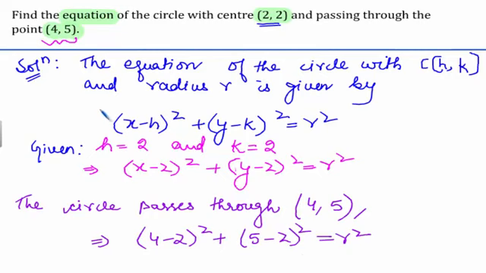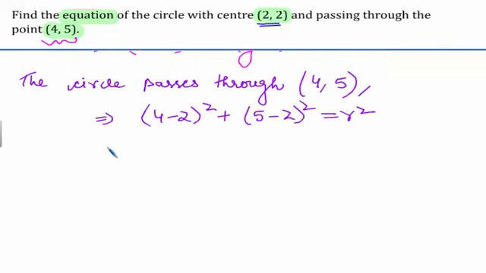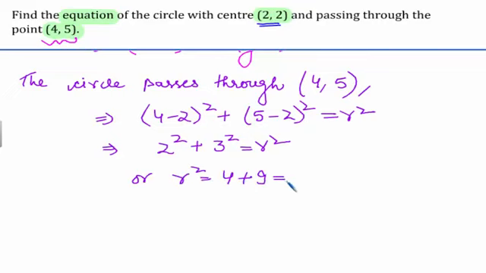Since in the standard form of the equation of the circle, x and y are the coordinates of any point through which the circle is passing. So this implies 2 square plus 3 square is equal to r square, or r square is equal to 4 plus 9, which is equal to 13.